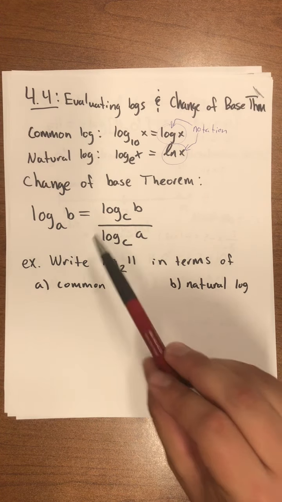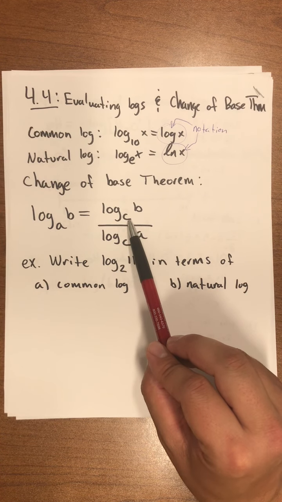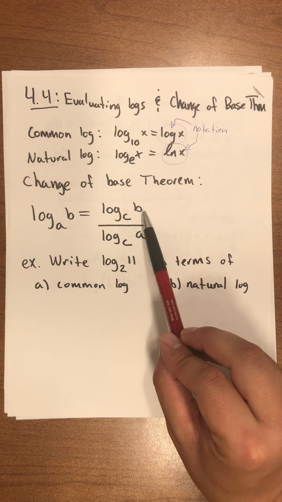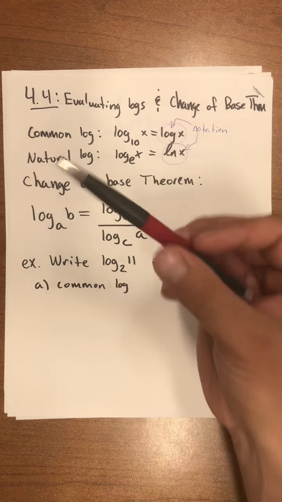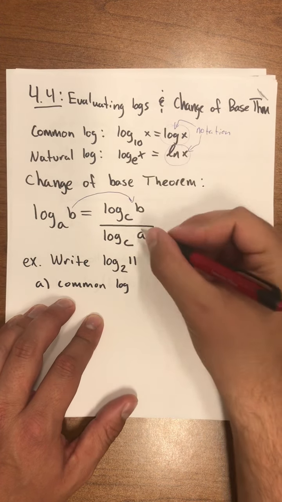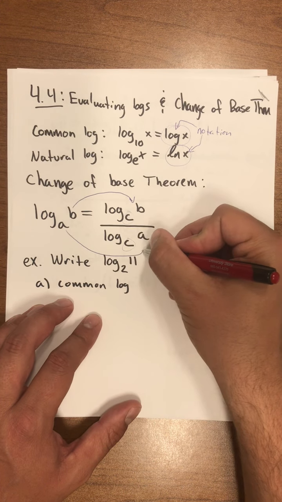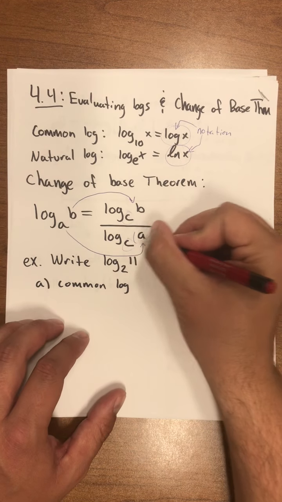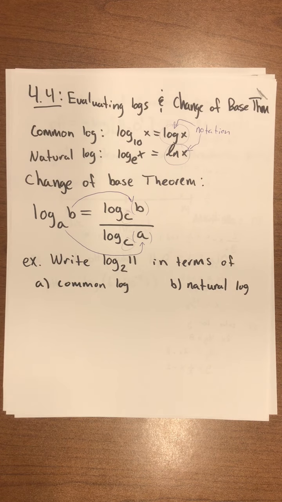So the change of base theorem is that you pick the new base, so log of whatever new base you pick, and then the argument in the numerator is the argument of the original. Now we choose the new base, and the original base is the argument in the logarithm that is in the denominator. Do not confuse this for the quotient rule for logarithms.